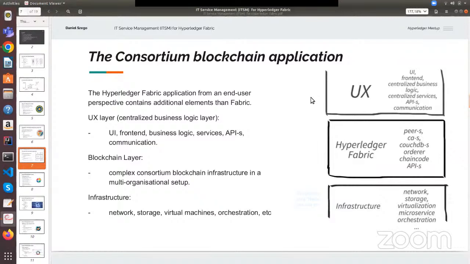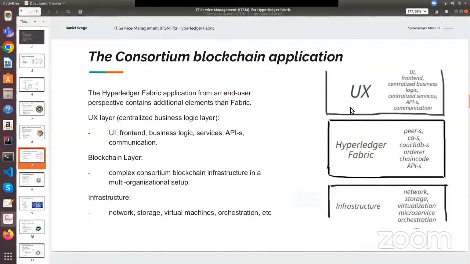So let me imagine an application which has users communicating with the network. In the simplest case, we get a user experience, which might have components such as UI, front end, perhaps centralized business logic services, perhaps centralized APIs and other ways of communicating.